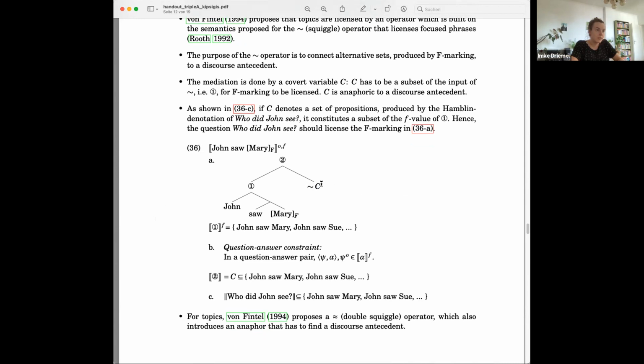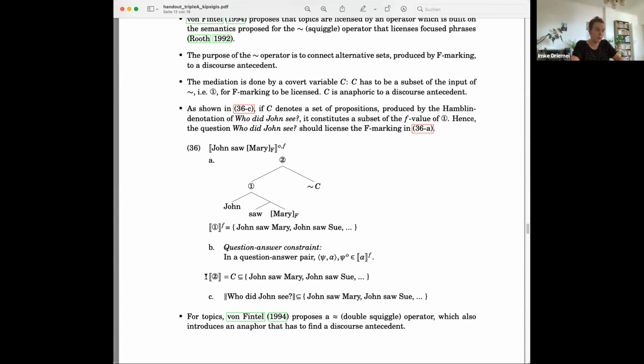The squiggle says C has to be a subset of the input of the squiggle. The input of a squiggle is the F value of 1. So that would be John saw Mary, John saw Sue. Mary is F marked, that's why we vary the constituents in the object slot. So now the squiggle says this C has to be a subset of this set, right?